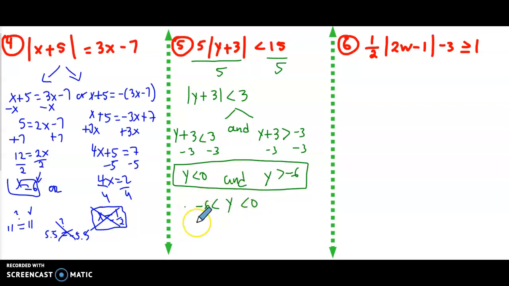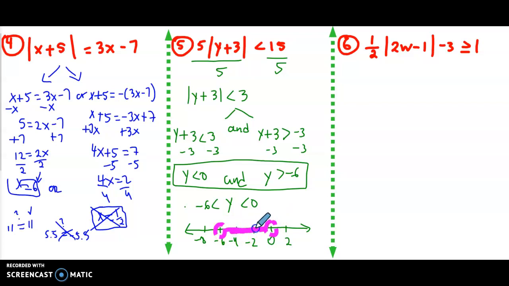We like putting it this way because if you're asked to graph, it's easier for you to see how the graph goes. So if I go here and I put some numbers in, negative 8, negative 6, negative 4, negative 2, 0, 2. This is telling you, open, open, and y can be anything between them.